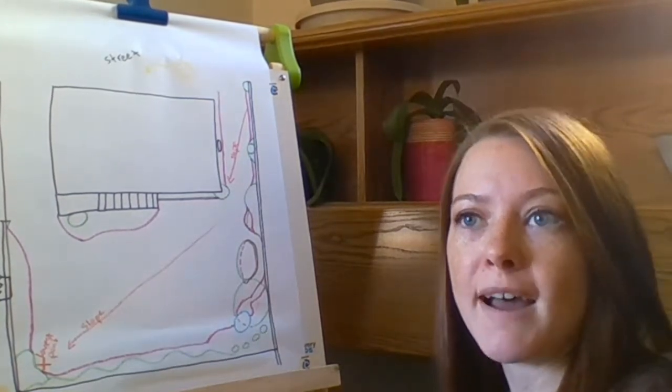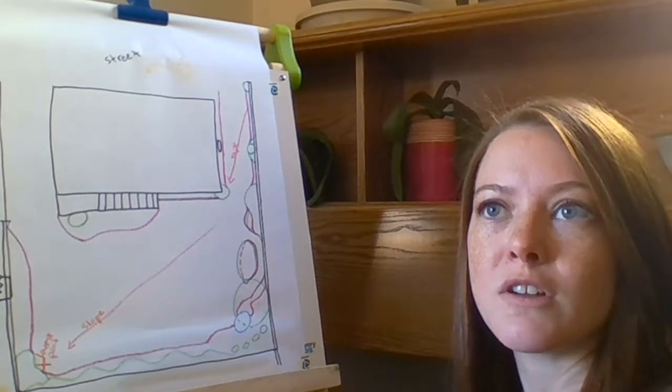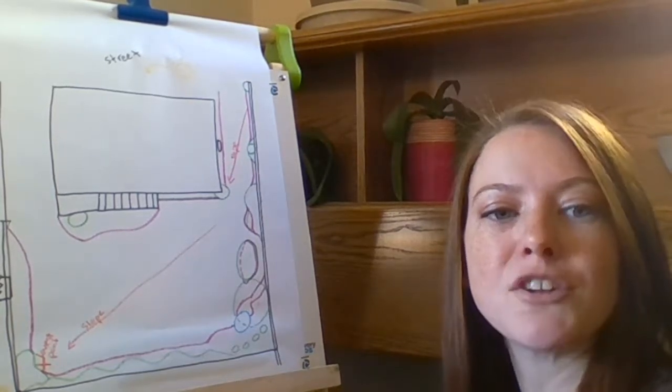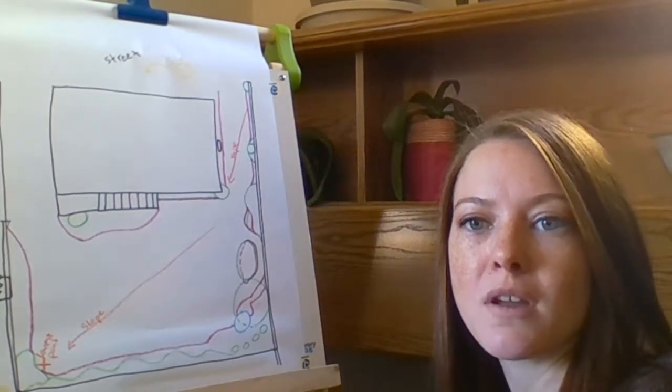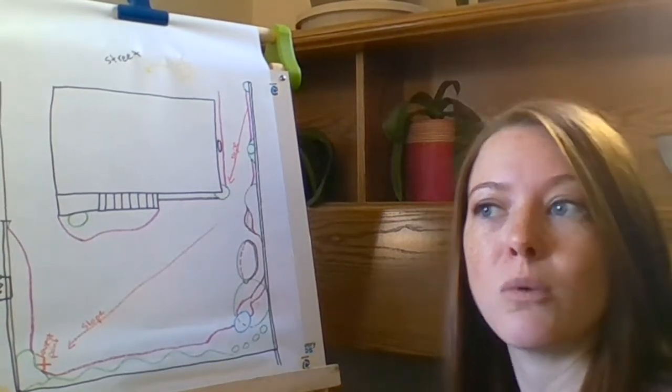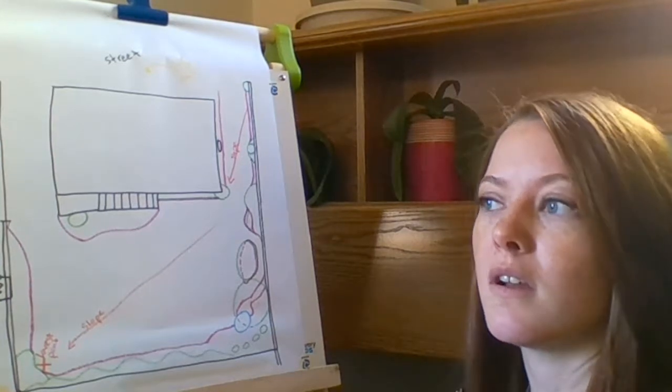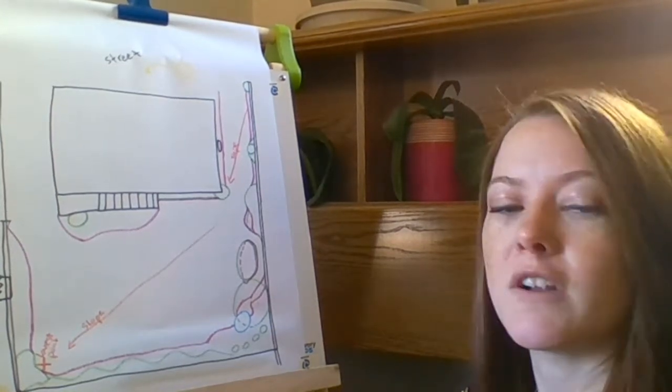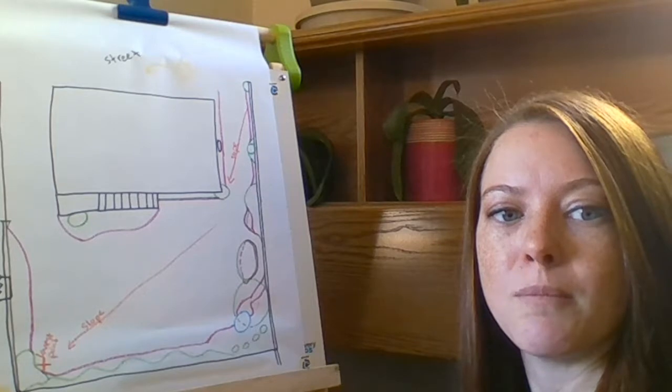Once we have that, you can start to get an idea of how much space you have to work with, and then you can think about which plants you want to put in those areas. So I'm going to do this fairly quickly, and then I'll come back and talk.